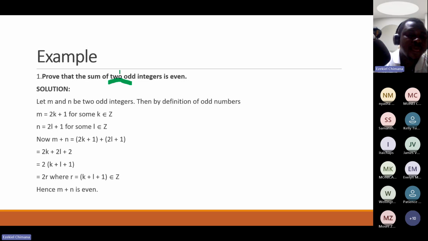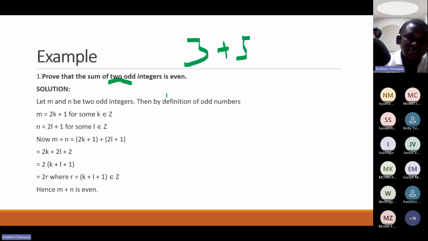So here, guys, do not try to say, all right, two odd numbers, maybe I'm just going to take 3 plus 5, and then say that the number is even. You are being asked to prove that the sum of two odd integers is even.